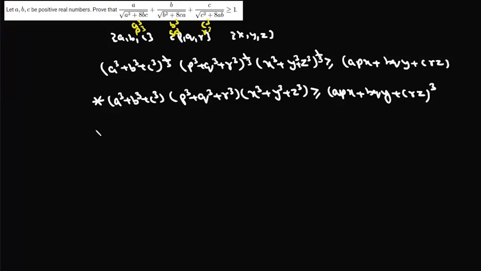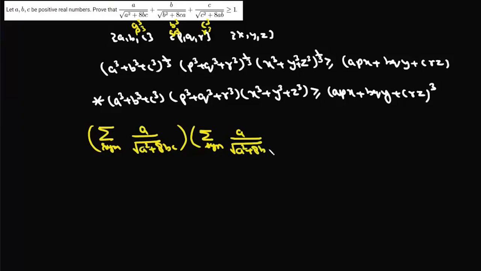So we can write this cyclic or symmetric sum of a upon under root of a square plus 8bc, into this symmetric sum a upon under root of a square plus 8bc, into this symmetric sum of a into a square plus 8bc, will be greater than or equal to, now this is a cube, p cube and x cube.